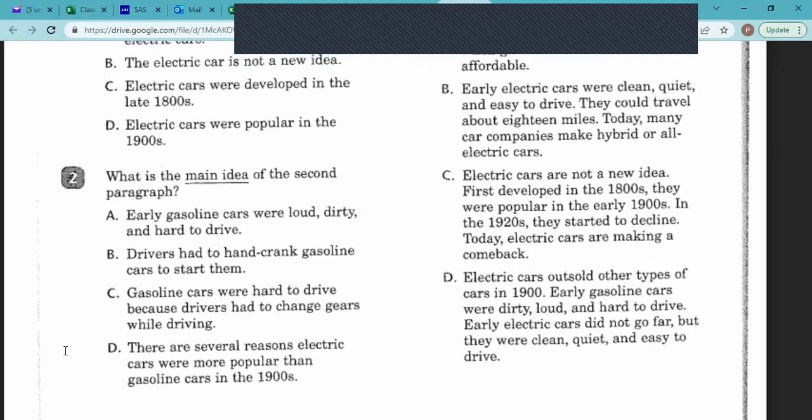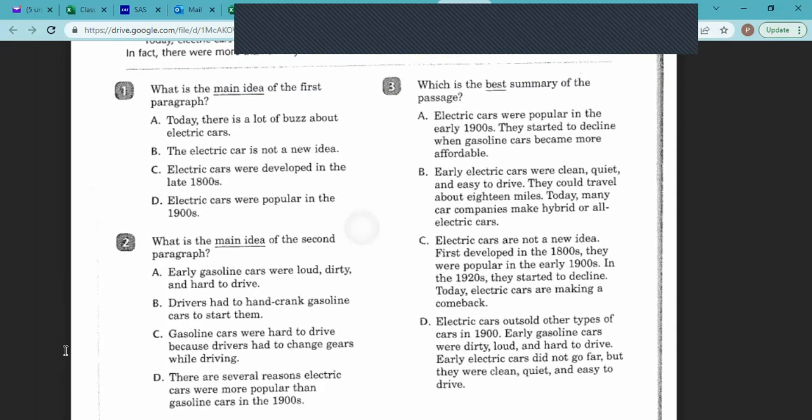First developed in the 1800s, they were popular in the early 1900s. In the 1920s, they started to decline. Today, electric cars are making a comeback. Or is it D, electric cars outsold other types of cars in the 1900s? Early gasoline cars were dirty, loud, and hard to drive. Early electric cars did not go far, but they were clean, quiet, and easy to drive. So I want you to pause your screen and take a moment or two and find the best summary.